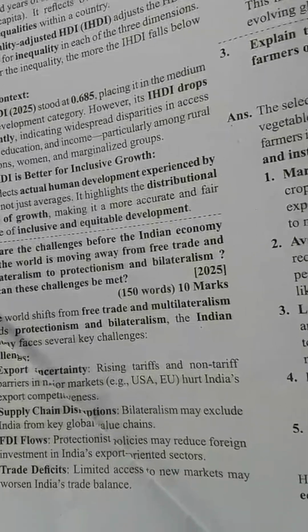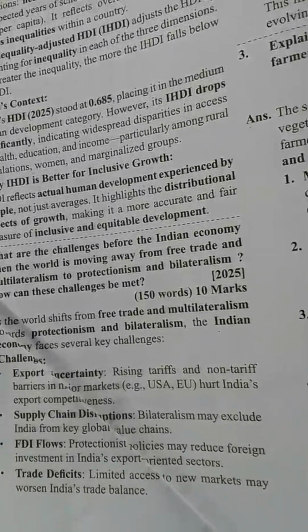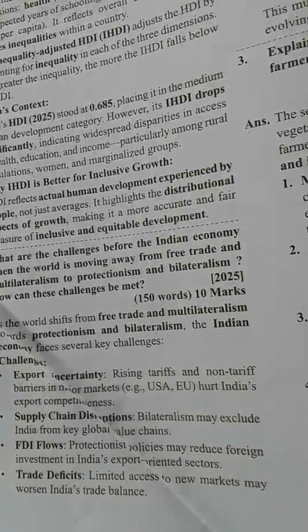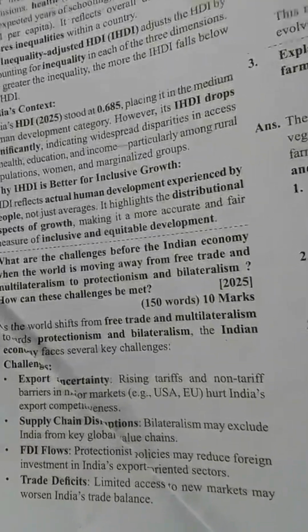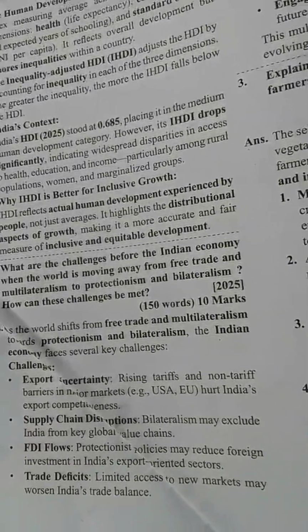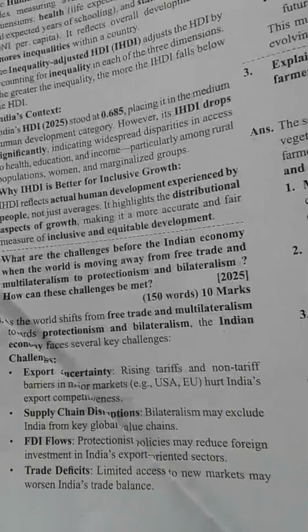As the world shifts from free trade and multilateralism towards protectionism and bilateralism, the Indian economy faces several key challenges. Export uncertainty: rising tariffs and non-tariff barriers in major markets, USA and European Union, hurt Indian export competitiveness.